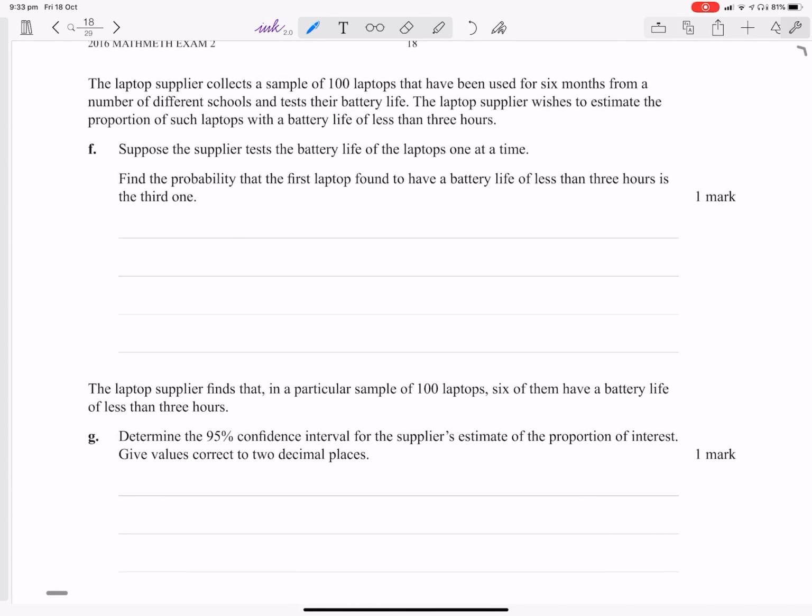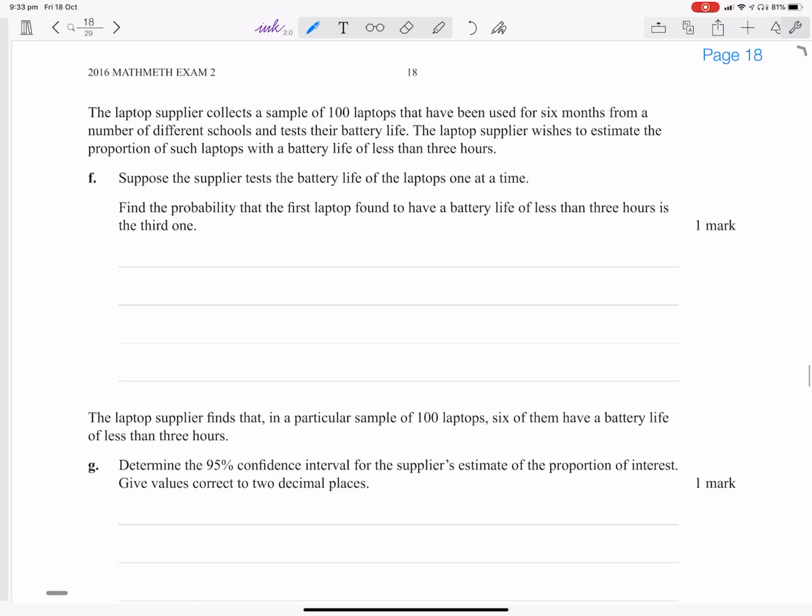Okay, a laptop supplier selects a sample of 100 laptops that have been used for 6 months from a number of different schools to test battery life. Suppose they are tested one at a time. Find the probability that the first laptop found to have a battery life of less than 3 hours is the third one. So that would mean the first one doesn't have less than 3 hours. Okay, so they've been used for 6 months.